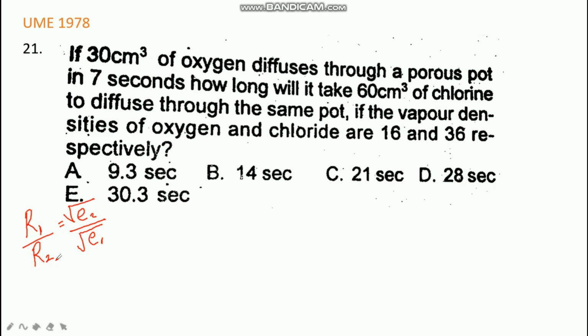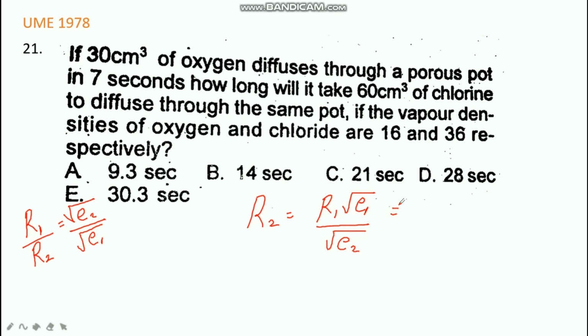So let me make R sub 2 the subject of the formula. Since that is the second gas, we have R sub 2 equal to R sub 1 times the square root of rho sub 1 divided by the square root of rho sub 2.